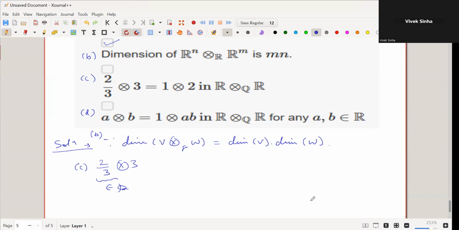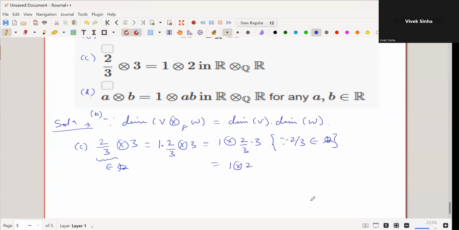So we can move this to the other side. You can write it as 1 dot 2/3 tensor 3, and that is 1 tensor 2/3 dot 3. This is since 2/3 is inside Q, and we are considering the tensor product over Q. So the 3 and the 3 will cancel out, and this will be 1 tensor 2.